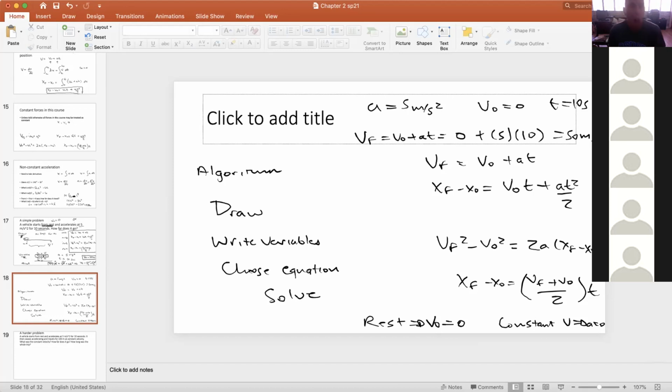I also will say this. When we go through tests, I usually take a problem like this and I break it up for you. So the first thing I'll ask you is, give me a couple of concepts and equations that apply to this problem. Then I have you give me the variables. Then I have you give me the equations and solve for whatever I want you to solve for.